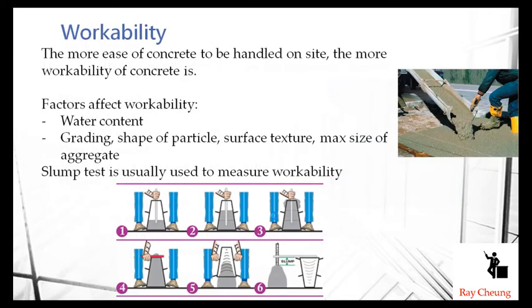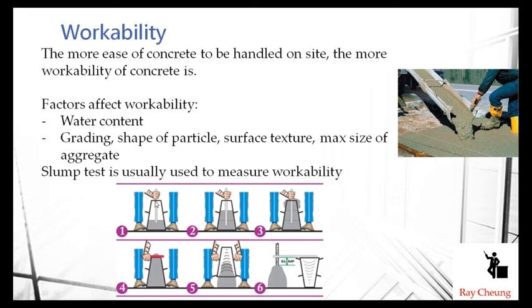Okay, and then workability. What I said before is that with more water, the concrete is easier to place. Before we concrete, we also do one common test called the slump test.